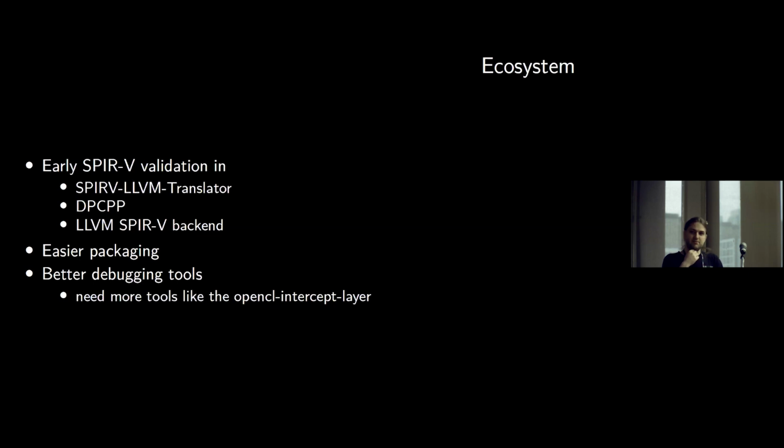For example, if you have DPC++ and you test it on your own runtime, and you just hand-wave validation errors and make it work, it would be more helpful if developers would ensure that the SPIR-V they are generating is also valid, to make it easier for everybody else.